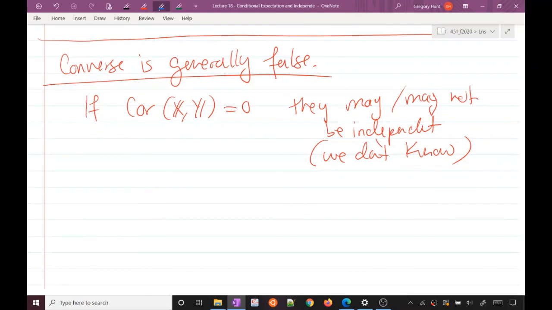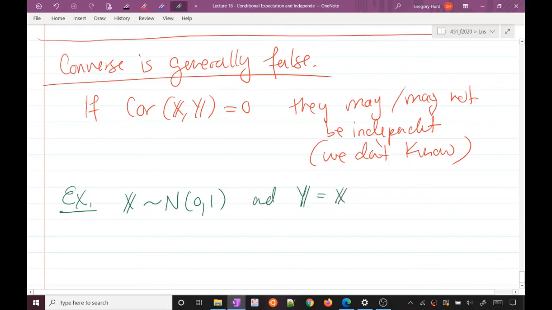So as an example, let's just real quick show the classic counterexample. Let x have a normal 0, 1 distribution, and y be the square of x.